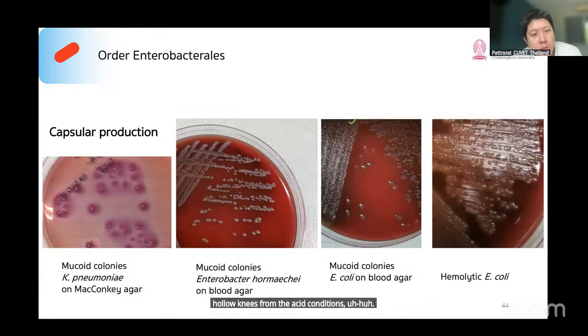They are coliform bacteria and lactose fermenters. Okay, they can utilize lactose. This is the shared characteristic among Klebsiella, Enterobacter, and E. coli.